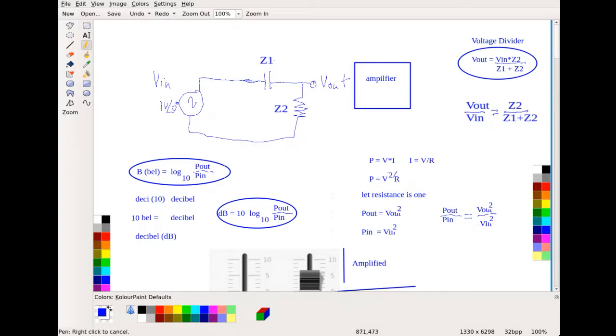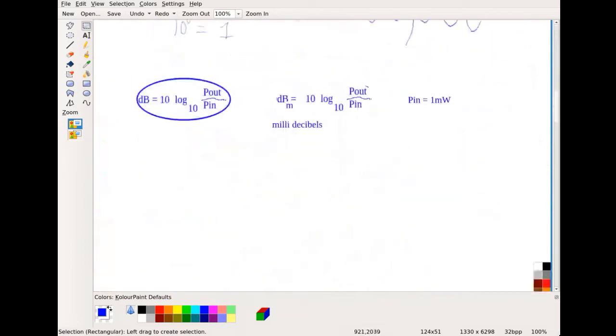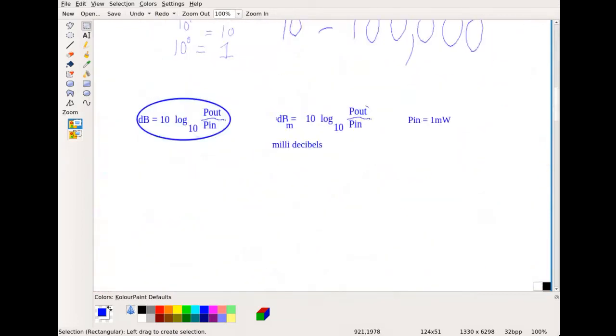Sorry, I had it up here, but I had it incorrect there. So power is voltage squared divided by resistance.